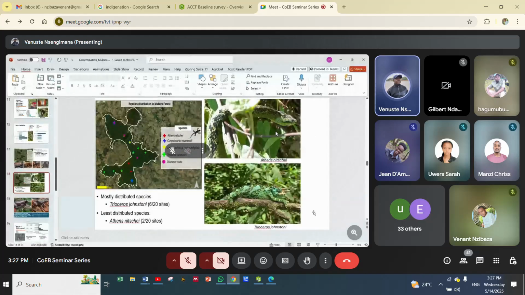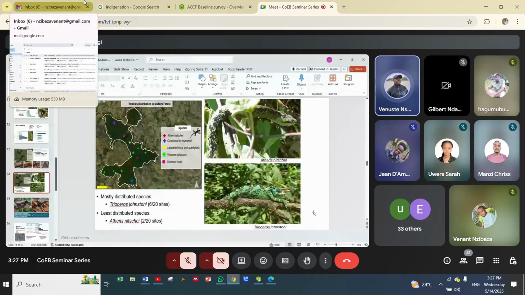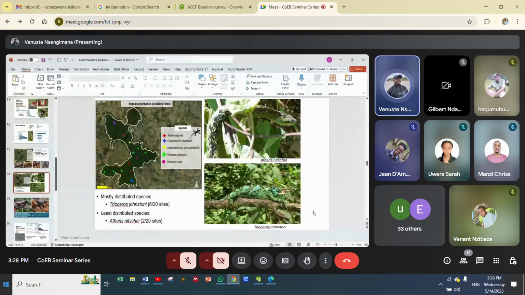And the mostly distributed under reptiles was the Trioceros johnstonii, which was found in 6 sites. And there was also the least distributed species, which was Atheris nitschei, which was found only in 2 sites.